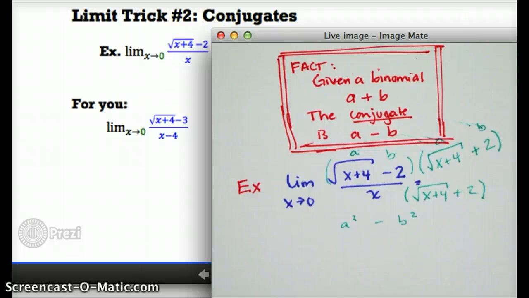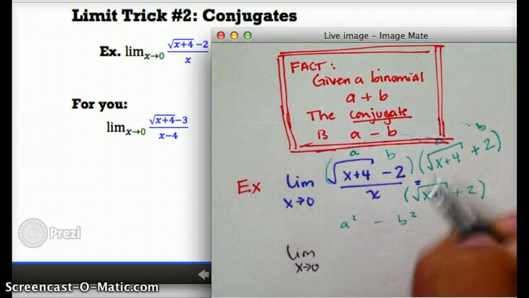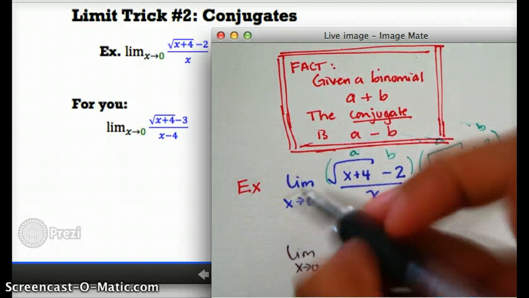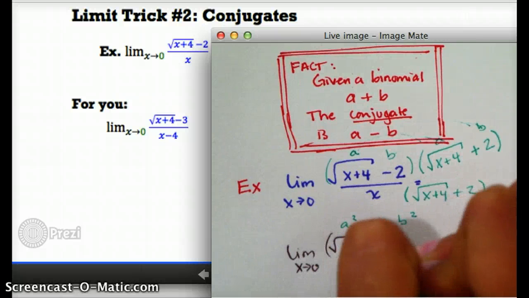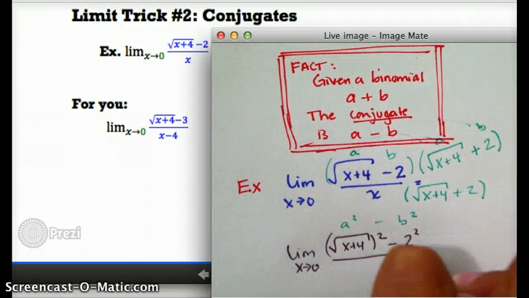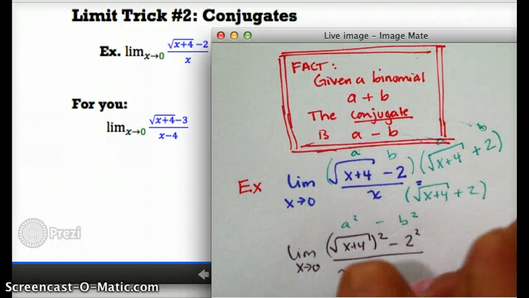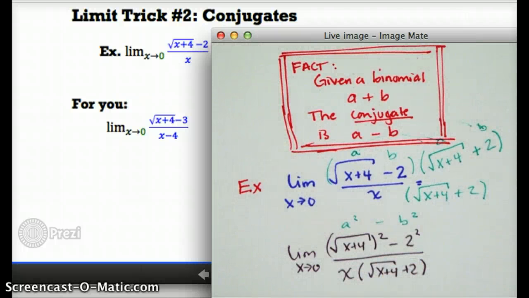So as I bring my limit down, I've got the limit as x approaches 0 of the square root of x plus 4 squared minus 2 squared over x times the square root of x plus 4 plus 2. And I could distribute that out, but I'm going to wait and do that a little bit later if I can.